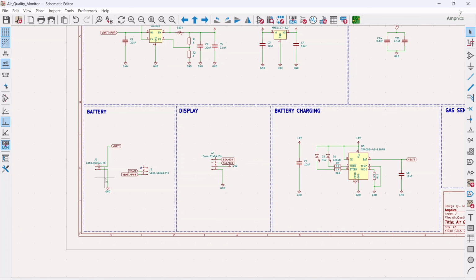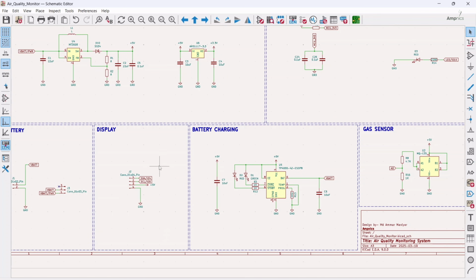In this battery section, I have connected a JST connector and a switch. With the help of the JST connector we will plug in the battery. Then we have an OLED display which works on the I2C protocol. So we have connected SDA and SCL, and there's no need to add an additional pull-up resistor.